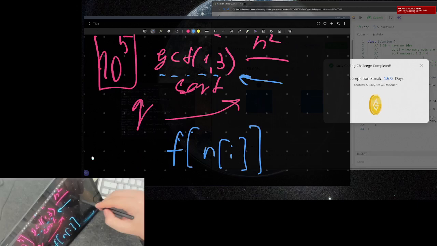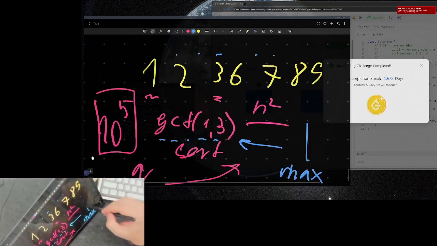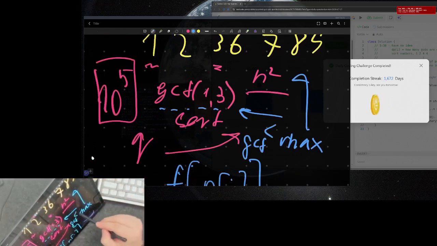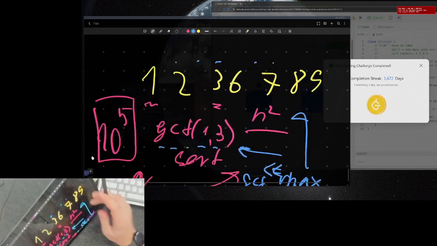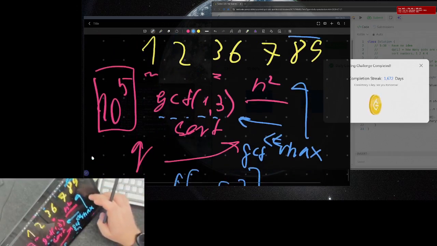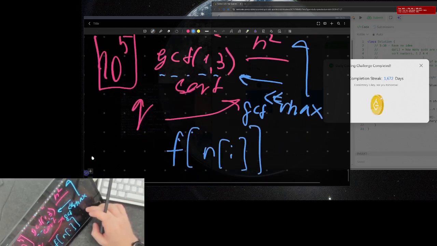If we have some maximum value in this list, the GCD would be at most the maximum, because even with two maximums, the GCD is just equal to the maximum itself.